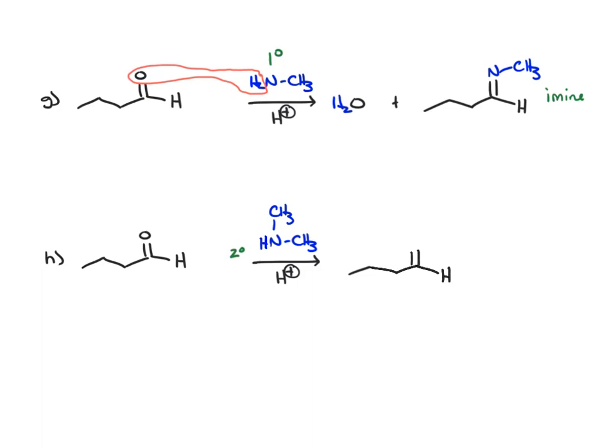End up getting a double bond to the nitrogen, but now it has two CH3 groups on it. Four bonds to a nitrogen will have a positive charge. So we're not going to stop there. We need to end up with a neutral product.